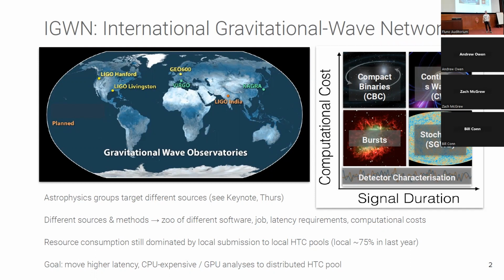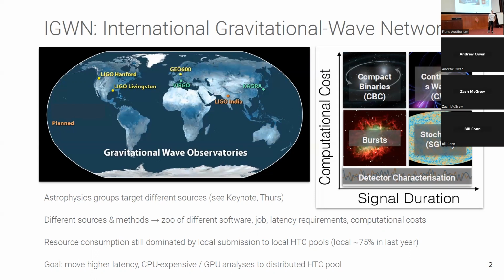For that, I'd encourage you to go to the keynote session on Thursday. But with all these different sources and methods, what we end up with is a really diverse zoo of different software, job requirements, latency requirements even, and of course computational costs. There's a little graphic on the right there, roughly explaining that.